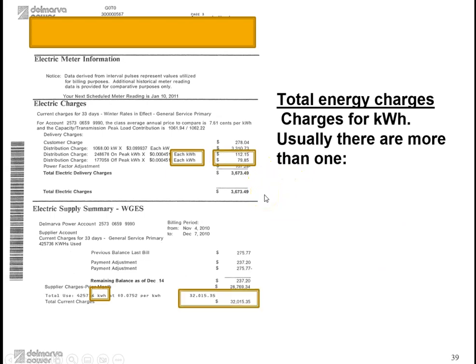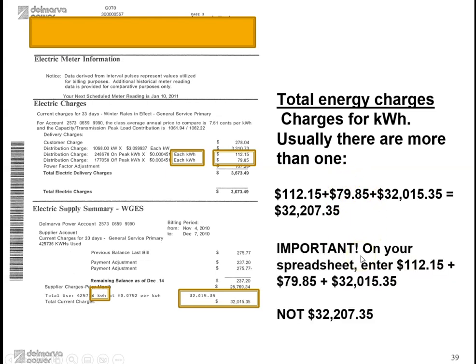Here are the charges. So all you do is add them up, and you get $32,207.35. Not about, you get exactly that. Very, very important. When you enter this information on your spreadsheet, take note of this mentally. You want to enter in all three of those charges and have a function or a formula in there. Do not just type in 32,207.35.